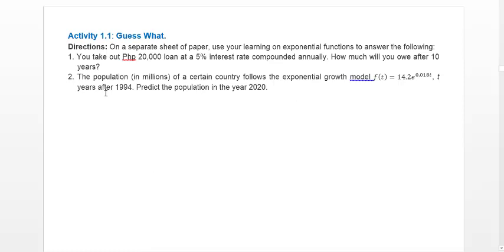Anyway, so number 2, the population in millions of a certain country follows the exponential growth model, P of t is equals to 14.2 e to the power of 0.018 t, where t is years after 1994. Predict the population in the year 2020.